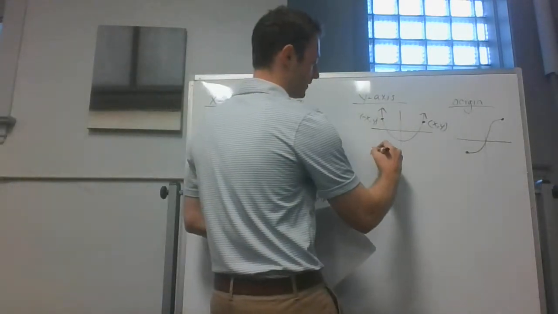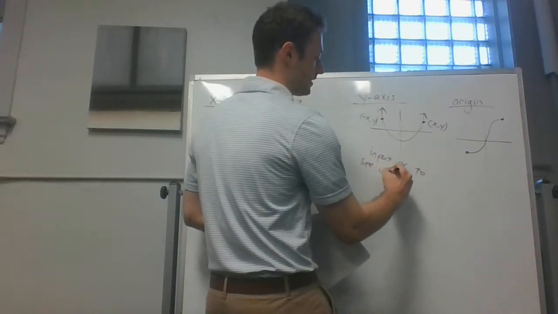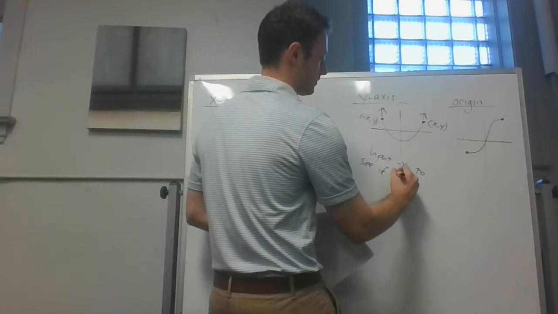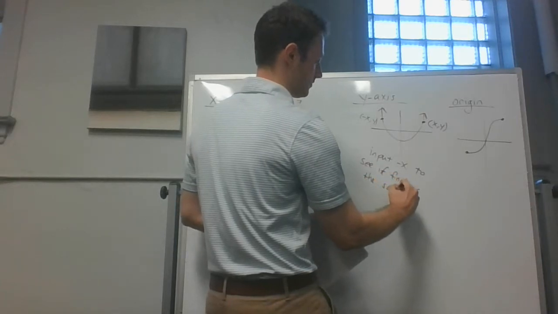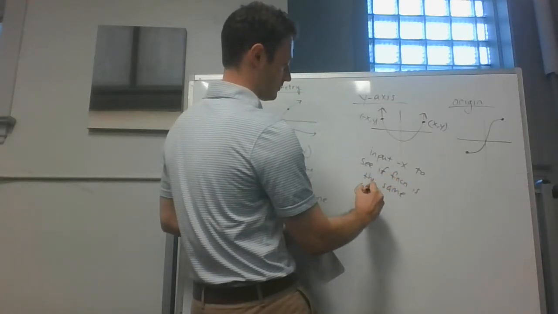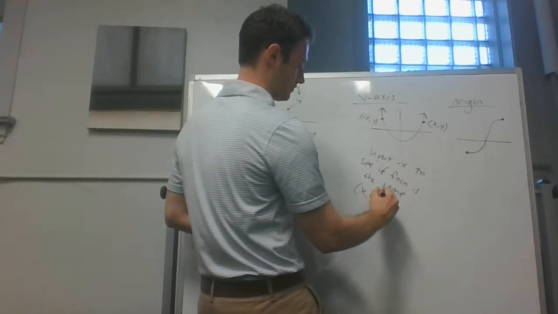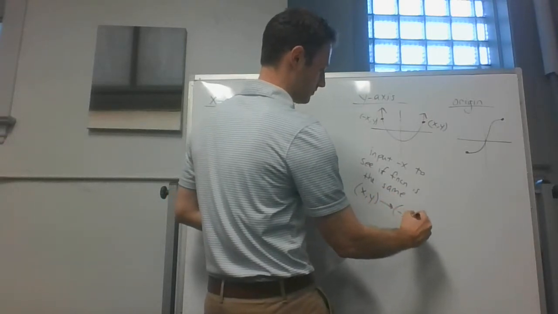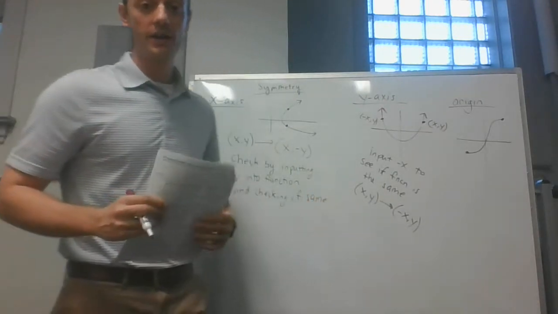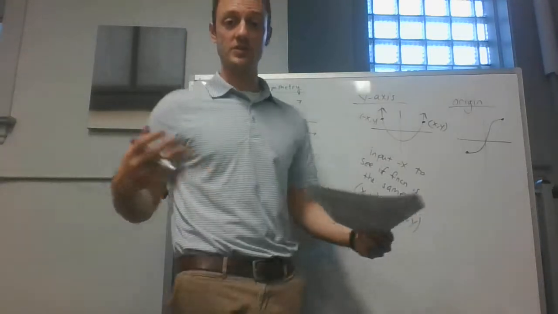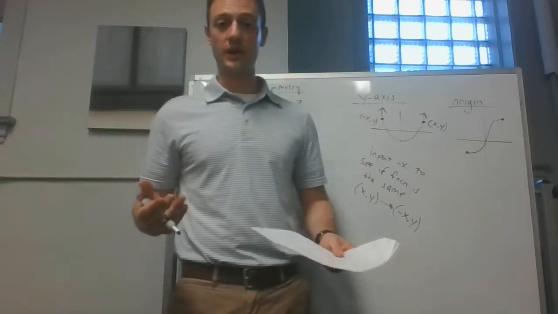In this case, you input negative x to see if the function is the same. An example of that would be y equals x squared, or y equals the absolute value of x. Those are both symmetric about the y-axis.